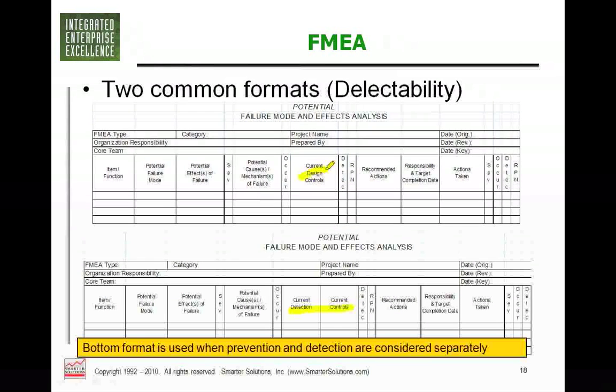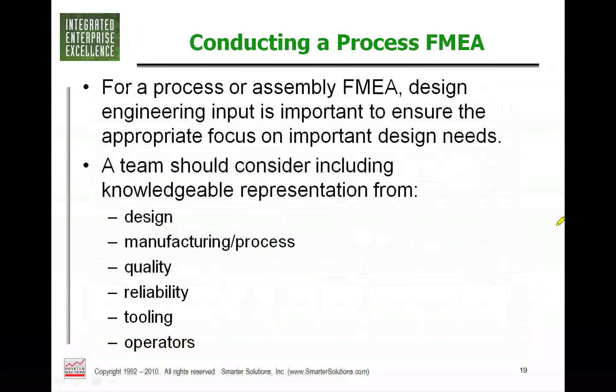What's more recently come out is that we look at what we have in the current controls, and then what we have under current detection. We'd rather have the problems under control than just monitor them to find problems. So this is listed as a separate entity, and you've got two different columns to deal with.